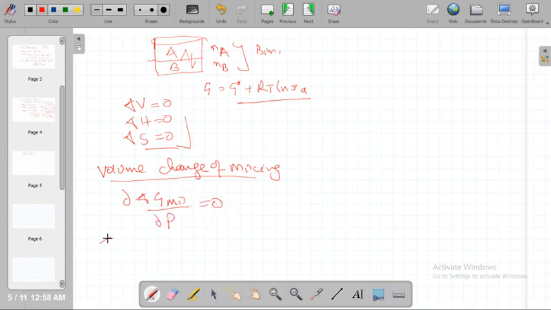But here we have proved that Gibbs free energy of mixing equals nA moles RT ln XA plus nP moles RT ln XP. This is the equation from the two components.